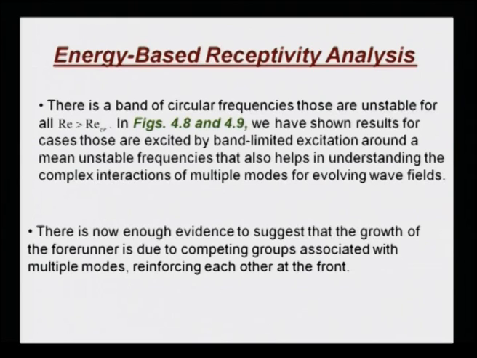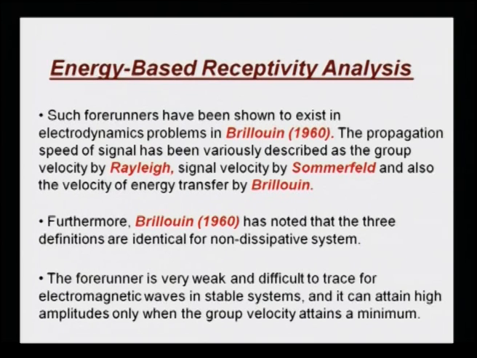So, this is something that we need to be looking at, and as I told you, just for the record, you look at the book by Brillouin. He was looking at the problem of electrodynamics in search of forerunners, the propagation speed of signals. This kind of disturbance propagation has been given a different name.